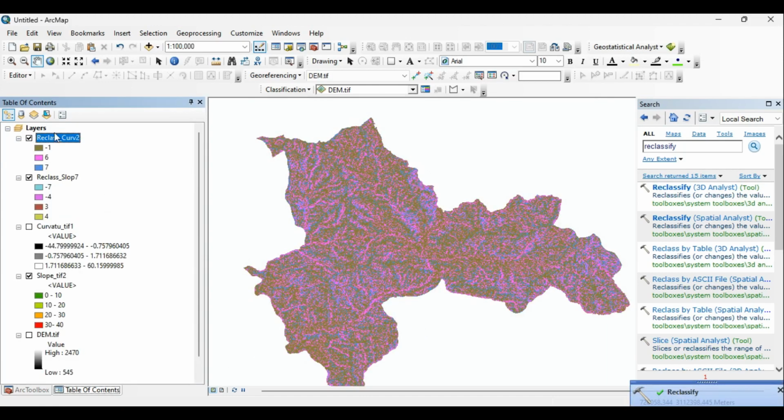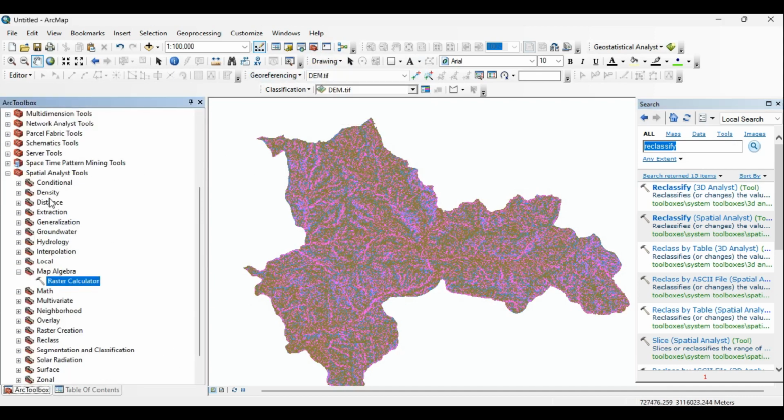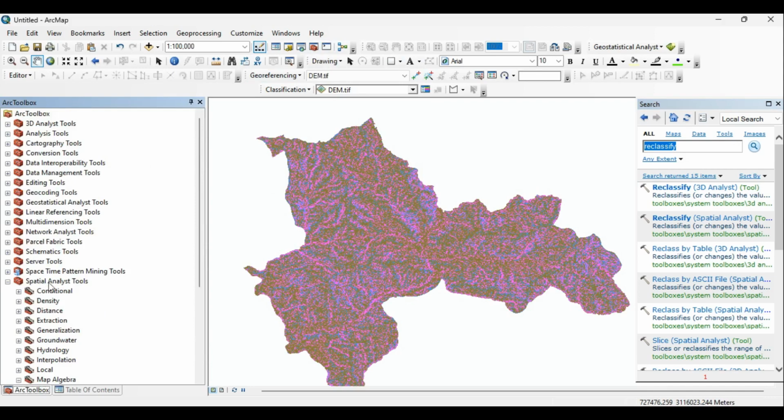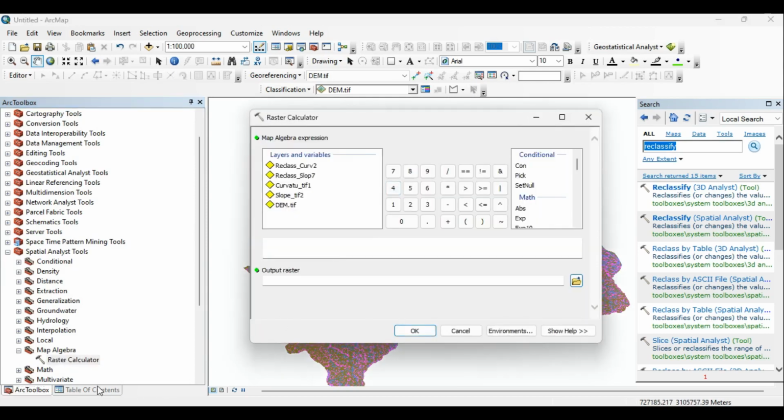Okay. This is reclassified curvature, this is reclassified slope. Now we have to calculate the weight in the spatial analyst tool. There is map algebra and inside map algebra there is the raster calculator.